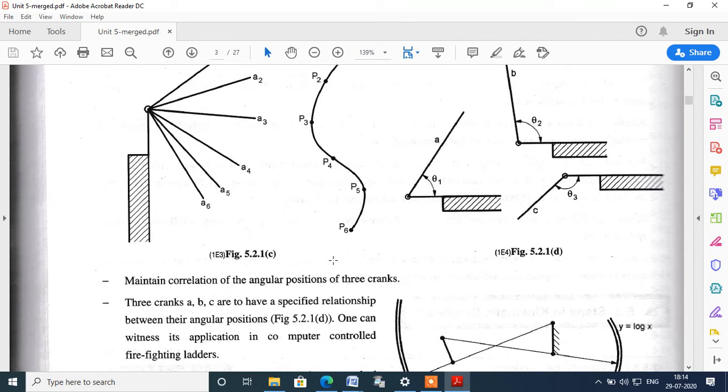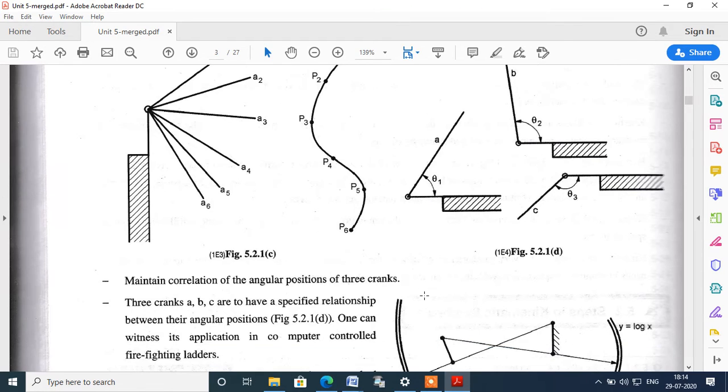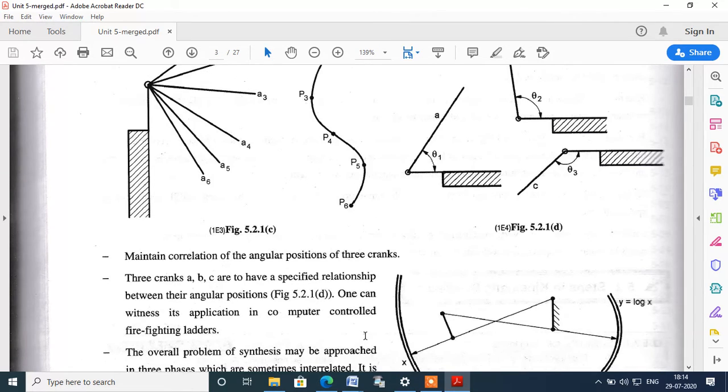Maintain correlation of the angular positions of the three cranks A, B, C. So here A, B and C have a specified relationship between their angular positions, that is theta 1, theta 2 and theta 3. One can witness its application in computer controlled firefighting ladders.